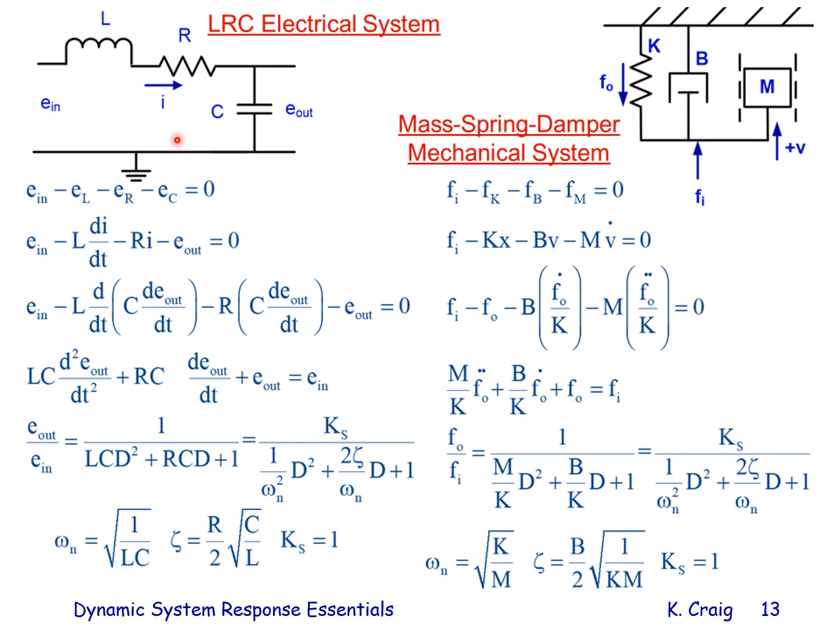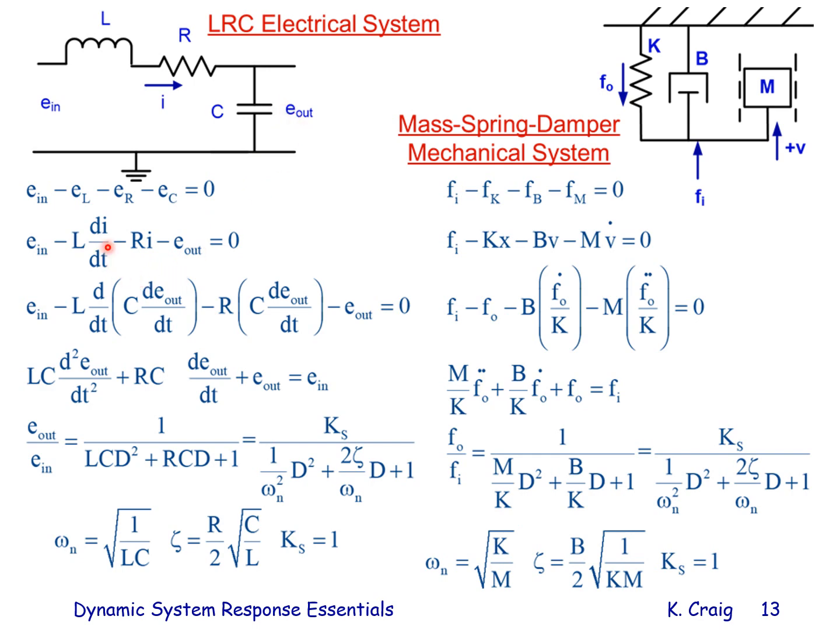Kirchhoff's voltage rule says E in minus the voltage drop across the inductor, minus the voltage drop across the resistor, minus the voltage drop across the capacitor equals 0. E in minus the voltage drop across the inductor, L di dt, across the resistor, Ri, and then across the capacitor we've named it E out.